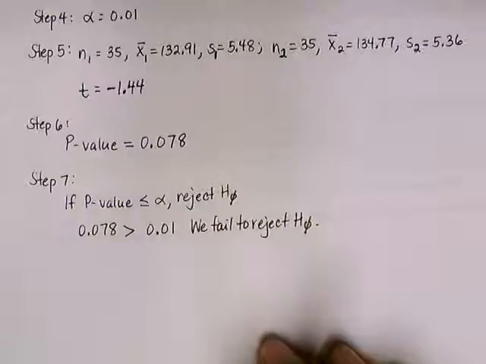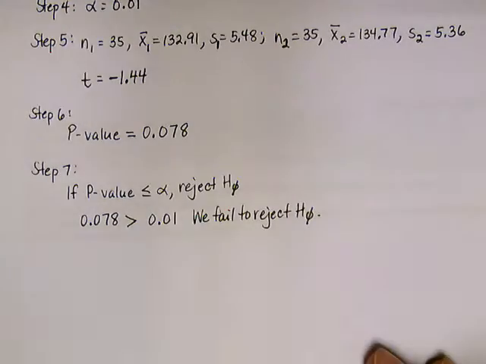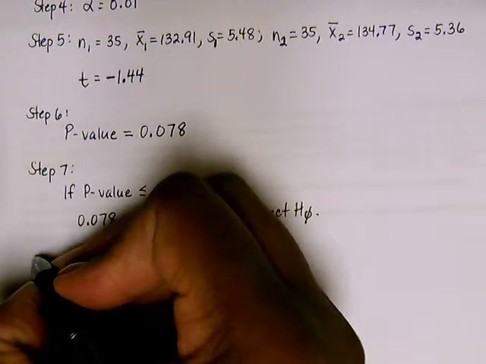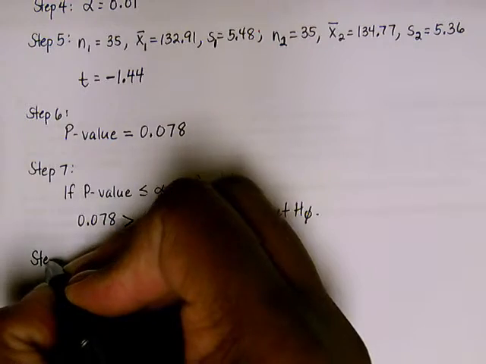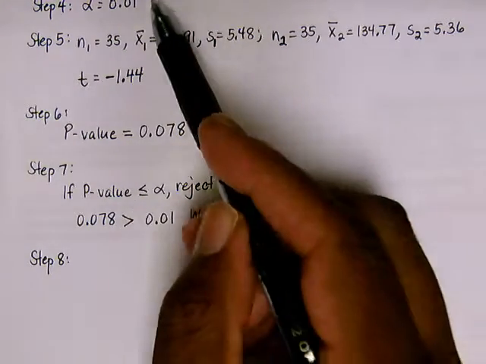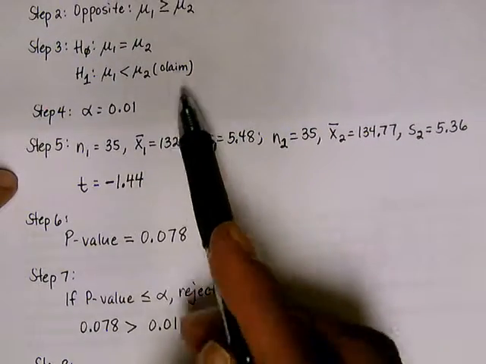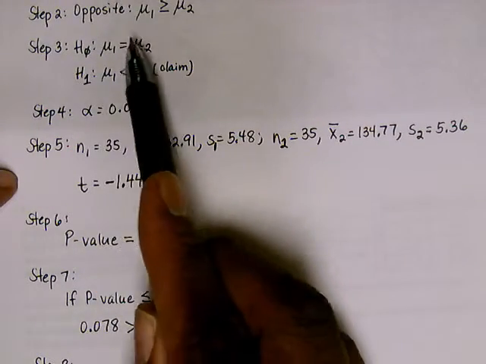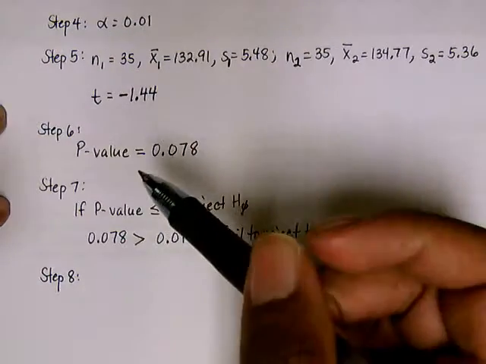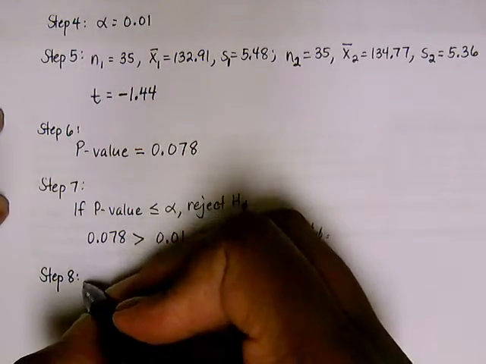And then step number 8 is writing the conclusion in simple non-technical terms. And in this case here, the claim was the alternative hypothesis, but we failed to reject the null hypothesis. So that means we're not able to support the claim.